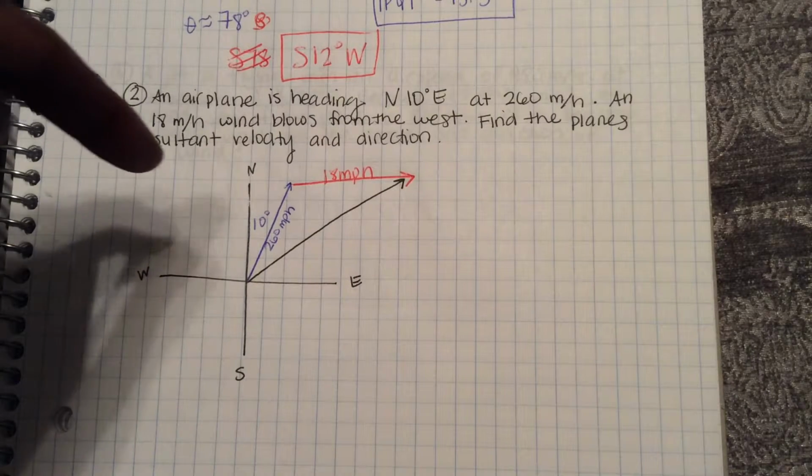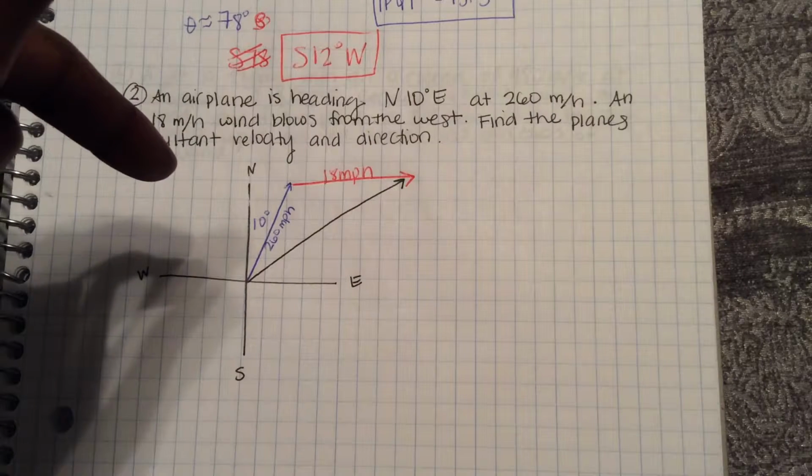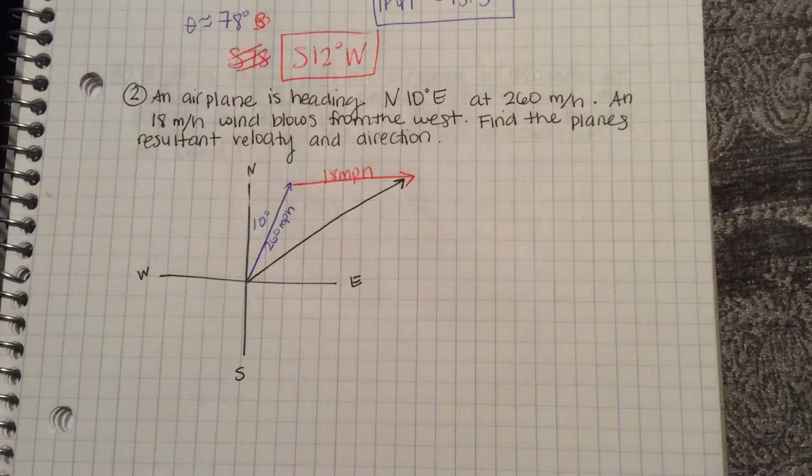So the first thing I need to do is find some missing parts of this triangle. And remember, I can do that using law of sines or law of cosines.